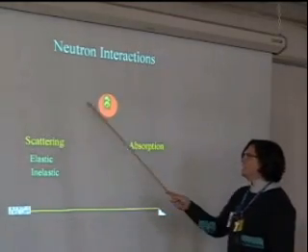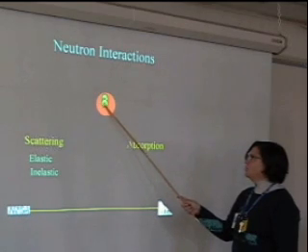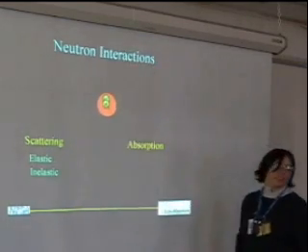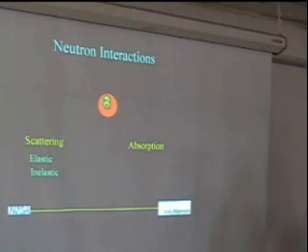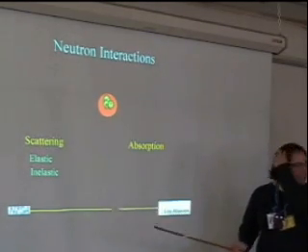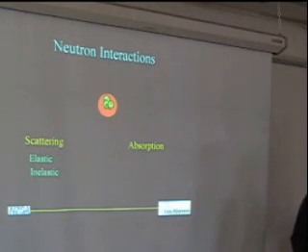You can have inelastic scattering where the neutron comes in, gets absorbed, and then the nucleus gets a little excited and spits out another neutron. And then you can have absorption, where the nucleus absorbs the neutron, gets a little excited, and then spits out something.